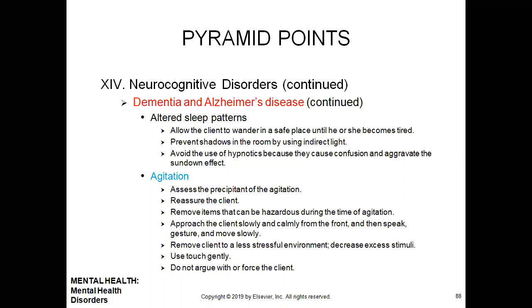What next? Altered sleep pattern. So they have another problem of altered sleep pattern. Also agitation.